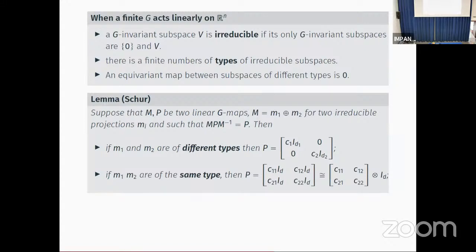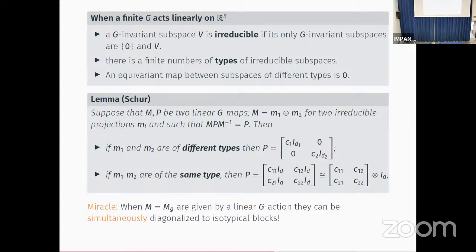And when I said that there's a finite number of types, I can always take a linear G space and subdivide it into subtypes, which will be orthogonal. Okay? So there is this miracle, if you think about this, you've never seen this, that whenever a group acts, these matrices that are given by the action can be simultaneously diagonalized. We are always in this position for all matrices given by the action.